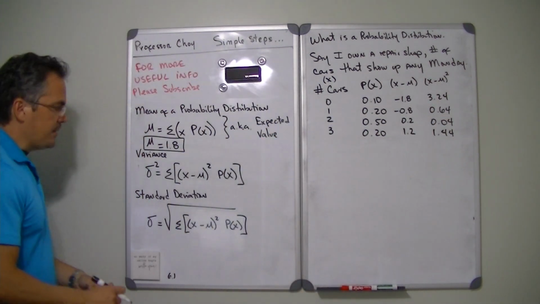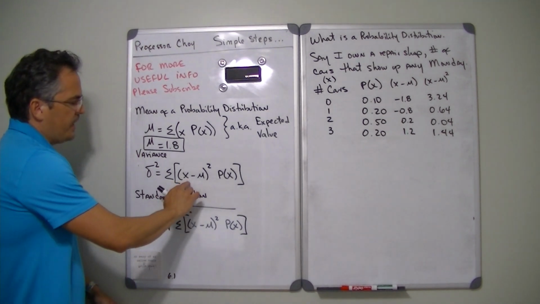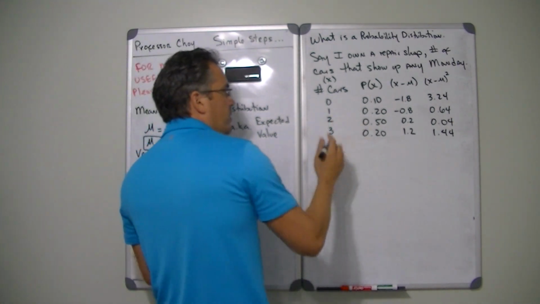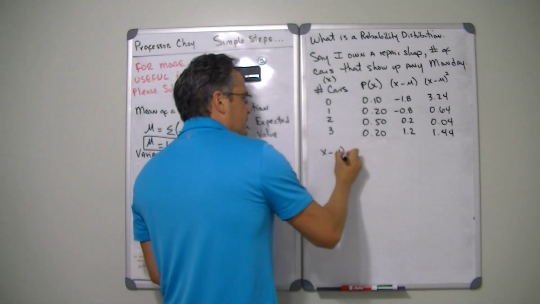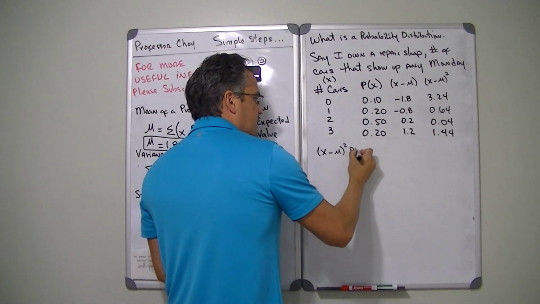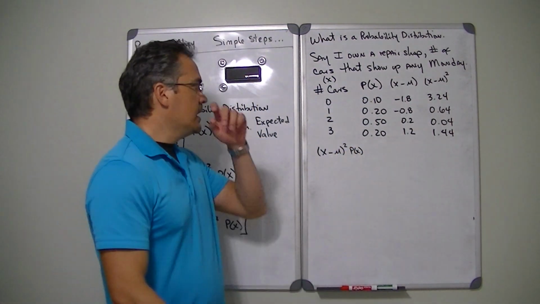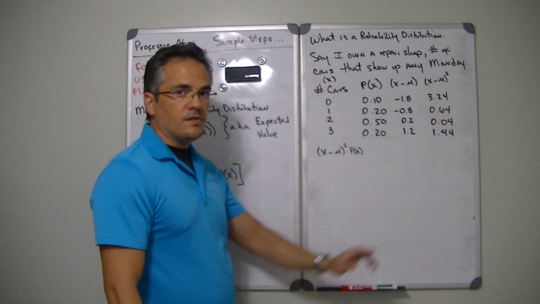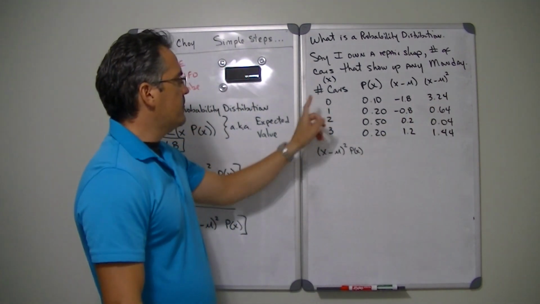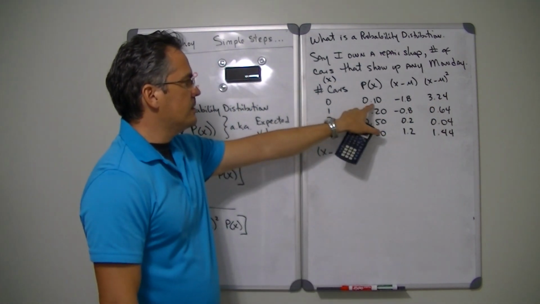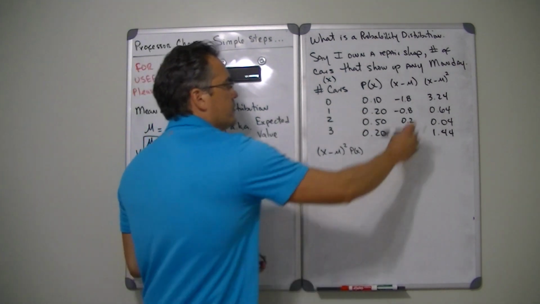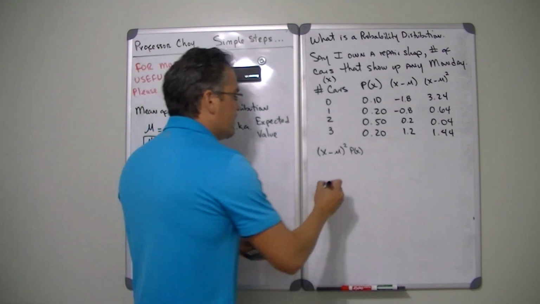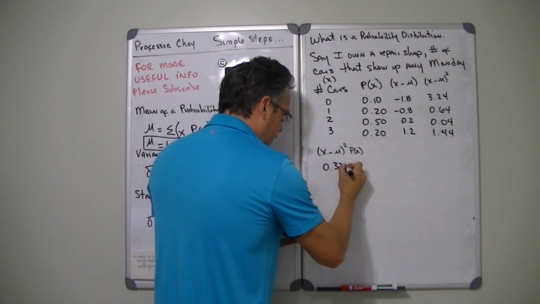Alright, now the next step on the formula says I got to do x minus mu squared times p of x. So I'm going to do now x minus mu squared times p of x. And all I'm going to do is take each one of these and multiply times the probability of each. So I'm going to take 3.24 multiply times 0.1, which is the probability. Alright, so 3.24 times 0.1. And that gives me 0.324.